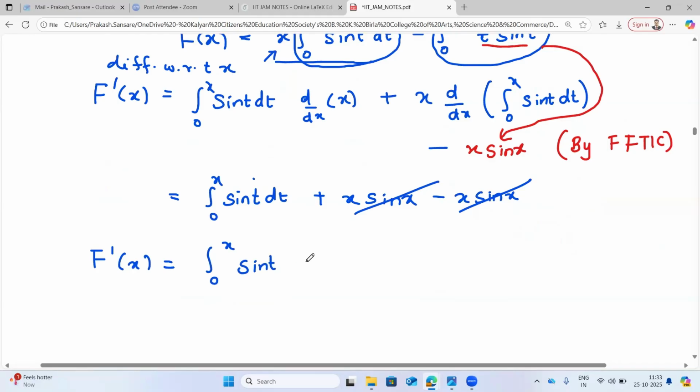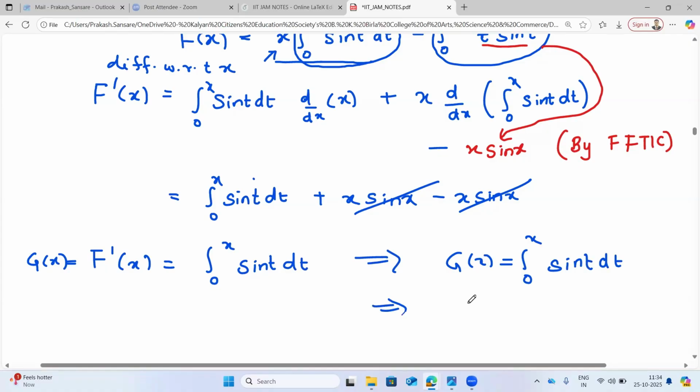integral 0 to x sin t dt. And now this is basically some g of x. So g of x is equal to integral 0 to x sin t dt. If somebody asks me what is g dash x, then straight away by the first fundamental theorem of integral calculus, it will be sin x.